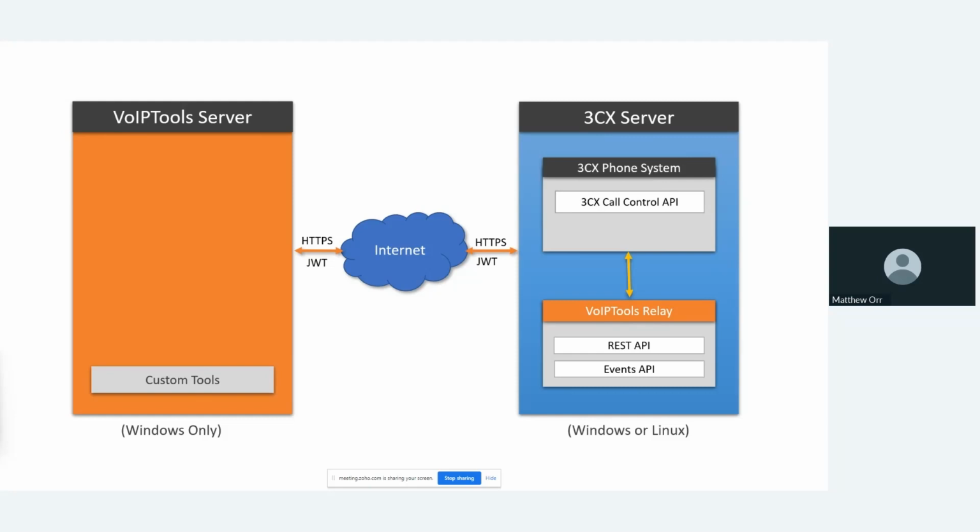But a couple of things to note: if you're hosting your 3CX server on the 3CX infrastructure, on their hosting solution, they don't permit you to have any third-party tools. They don't even allow their own third-party tool, which is the call control API. So there's a lot of restrictions that 3CX puts on anybody that's trying to do customizations.